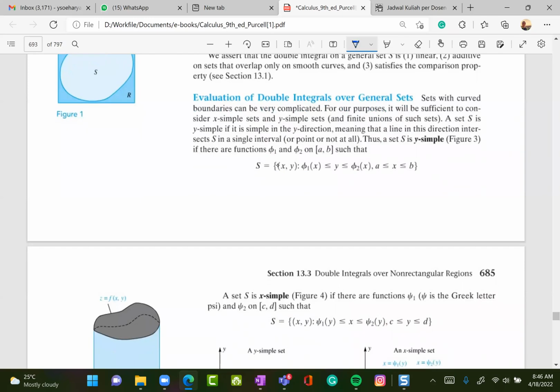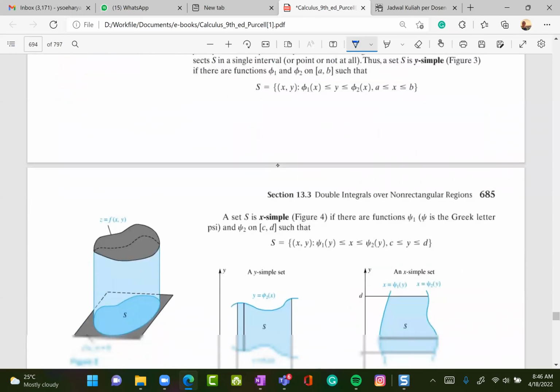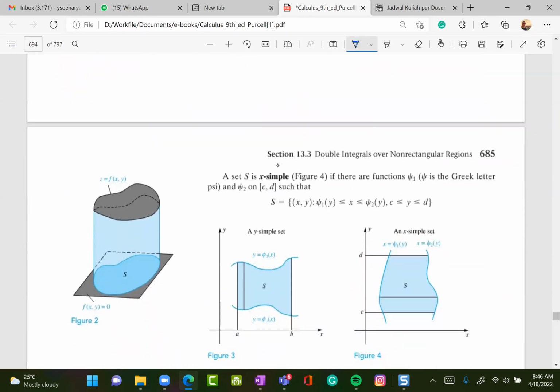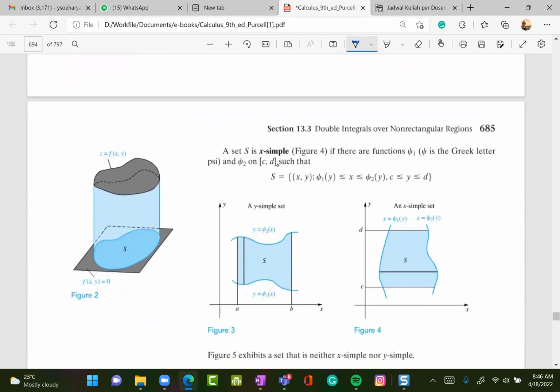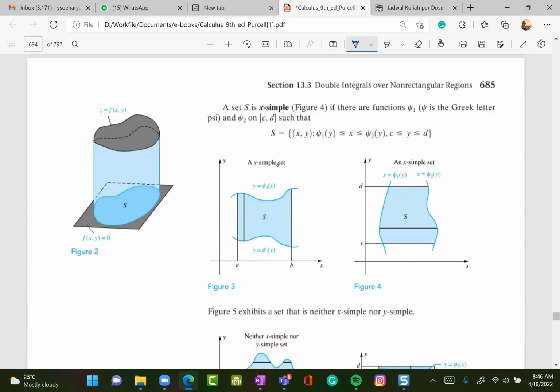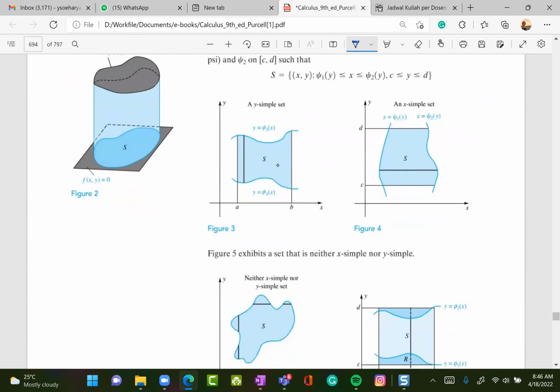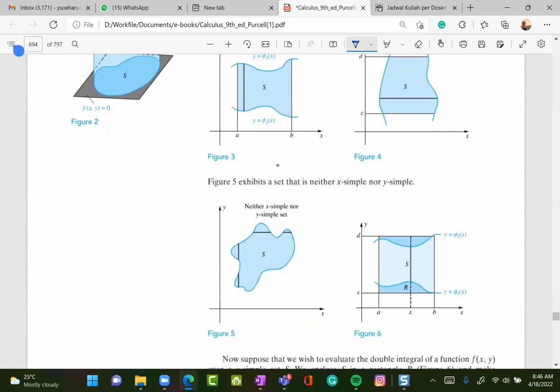This is an example of a set which is neither x simple nor y simple. This, for example, here.